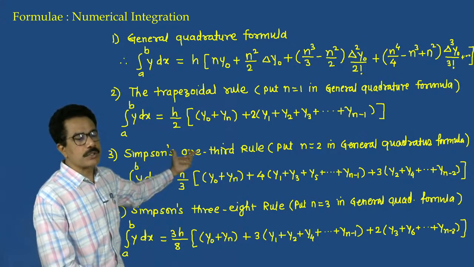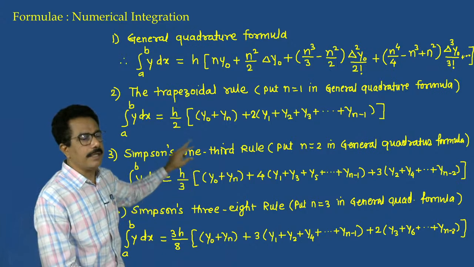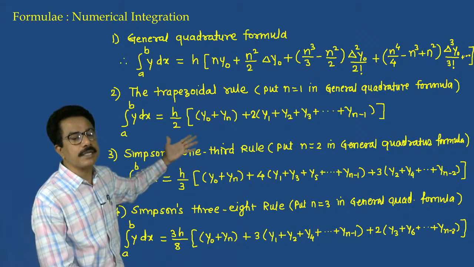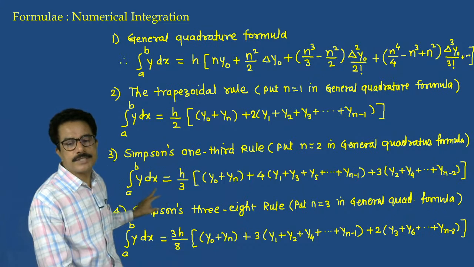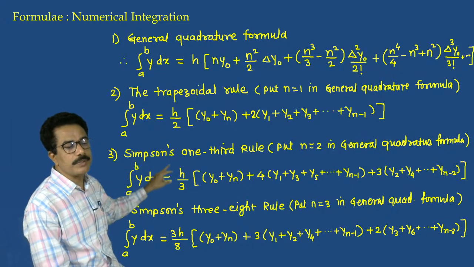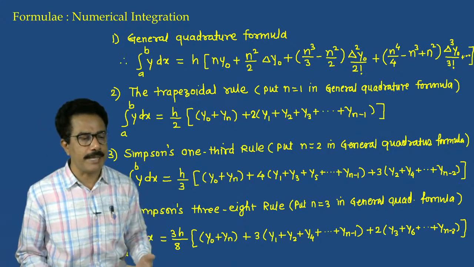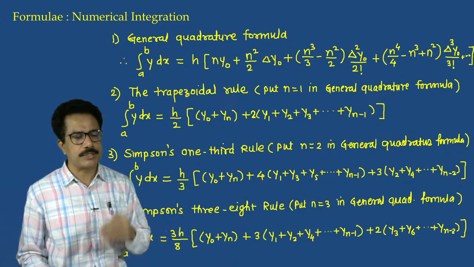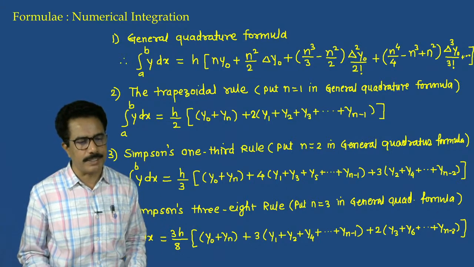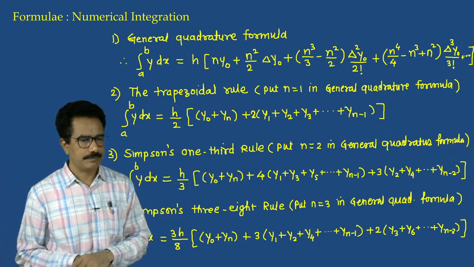If we put n equals 2 in the general quadrature formula, then we get Simpson's 1/3 rule: integral from a to b y dx equals h by 3 into y0 plus yn plus 4 times of y1 plus y3 plus y5 up to yn minus 1 plus 2 times of y2 plus y4 up to yn minus 2.